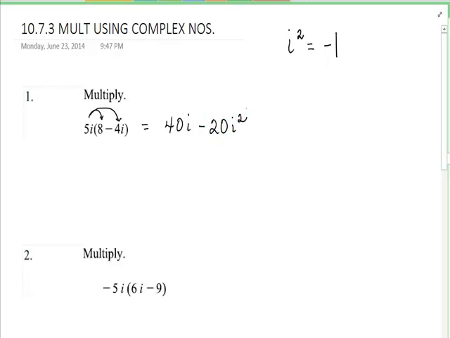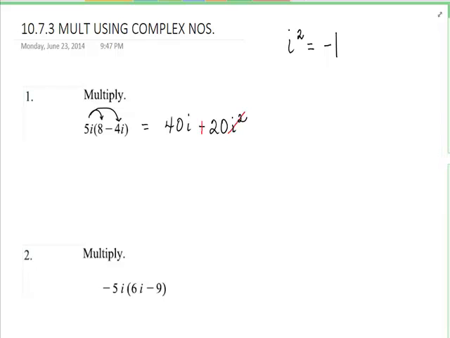Now this is what I'm going to do every time I encounter an i squared. I know that i squared is -1, so it's -20 times -1. This is the easy thing to do: mark off the i squared and change the sign of the 20. That has the effect of having multiplied it by -1.